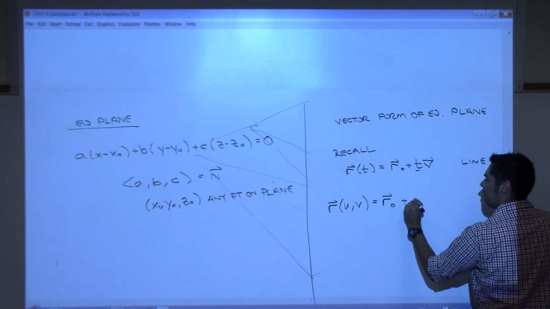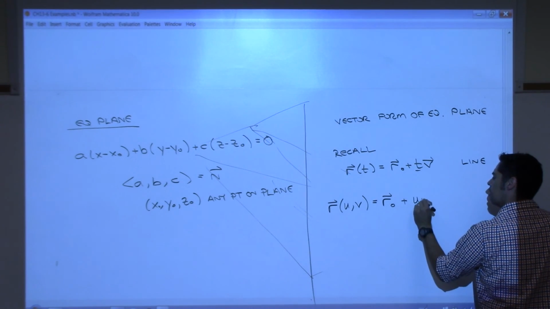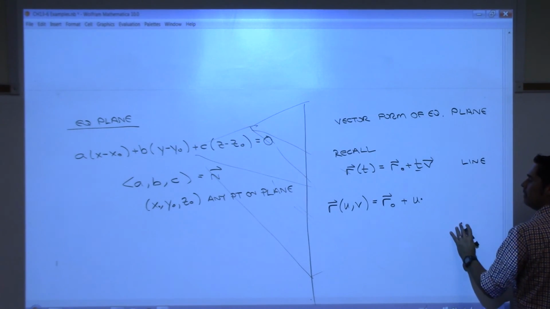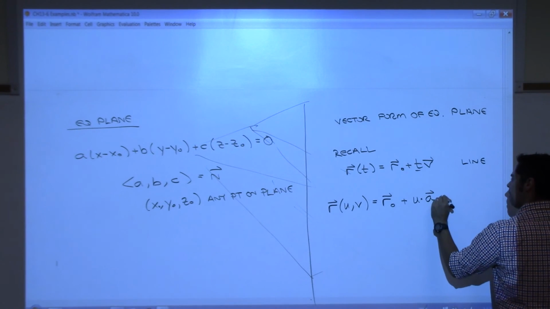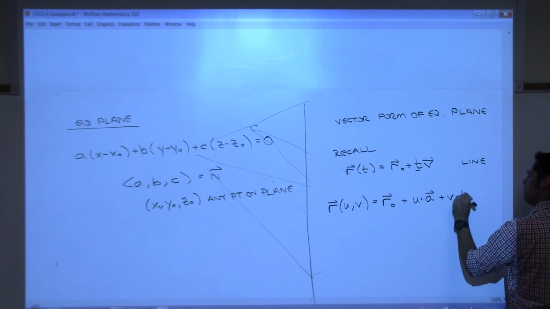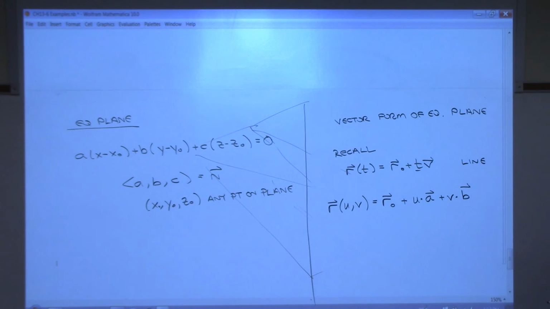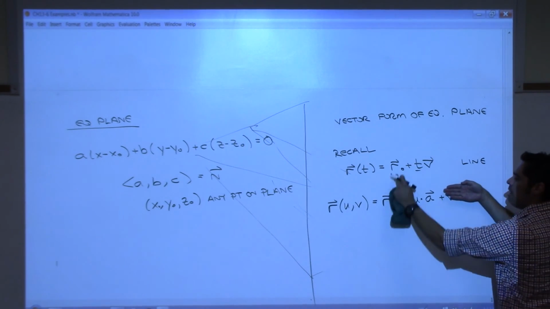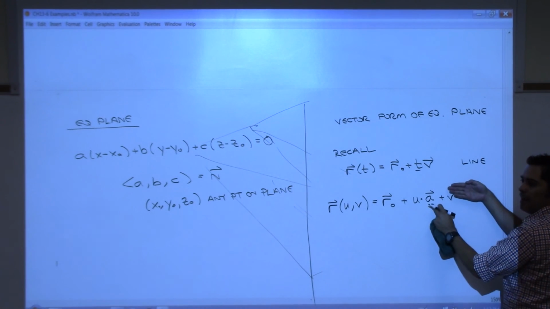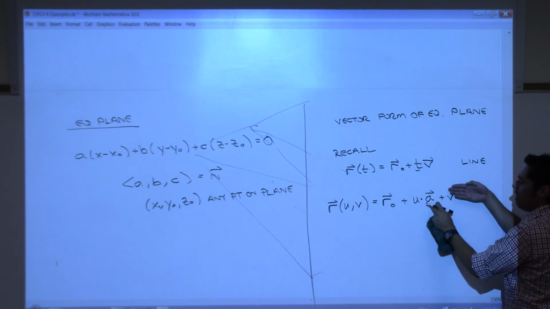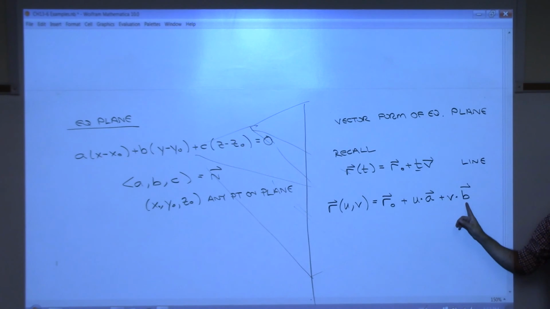So I'm going to say u times the vector, I'm just going to make it up, a, plus v times the vector b. Do y'all see that this is the same formula as this? Take this out, and this is r naught plus t times a, where the t is now u. But now I'm adding a separate, different vector, and all the multiples of it.